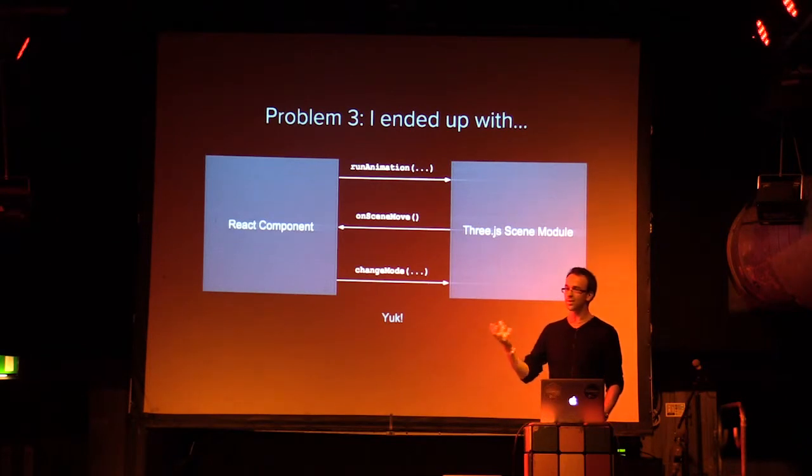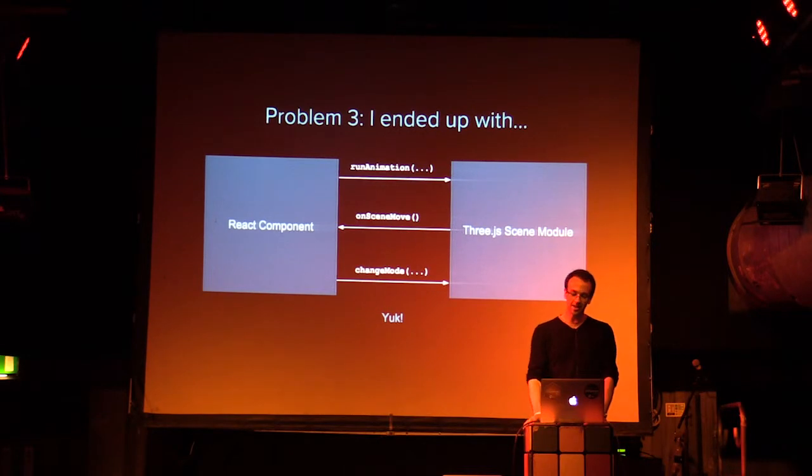And then, because I was handling all the interaction with the 3GS scene within the 3GS scene module, I was finding that I had to call the React component back as well, to say, actually the scene's changed position, so you need to update your labels and those kinds of things. So it all got a bit yucky.